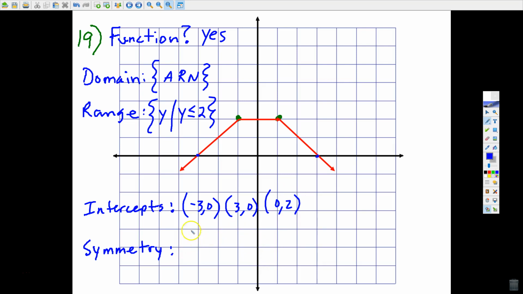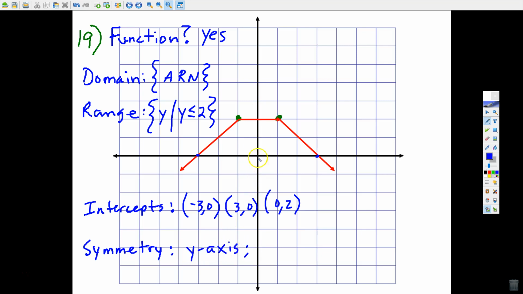Alright, let's test for symmetry. Do we have x-axis symmetry? Obviously not, because we do not have a mirrored image reflected over the x-axis, or we can't fold on the x-axis and create two equal parts. Looks like we do have y-axis symmetry.